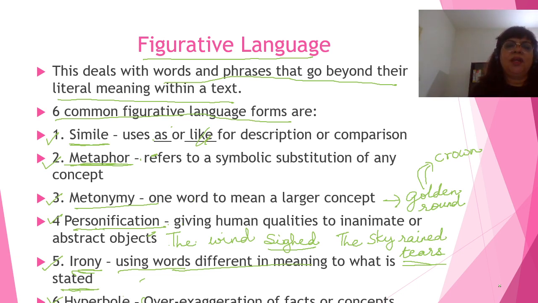Hyperbole. Hyper means over. Over exaggeration of facts or concepts. Let me give an example of this. I have a very funny example that I have in mind and I'm dying to share it with you.